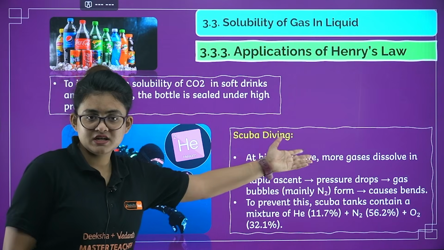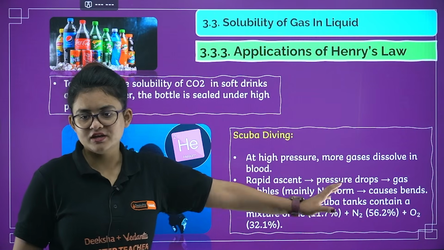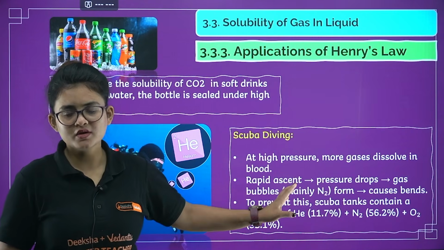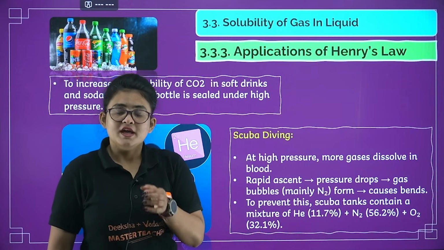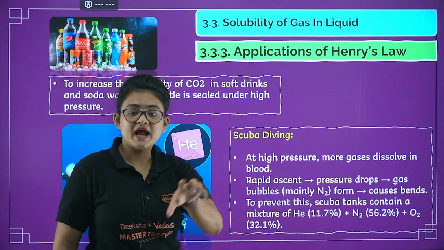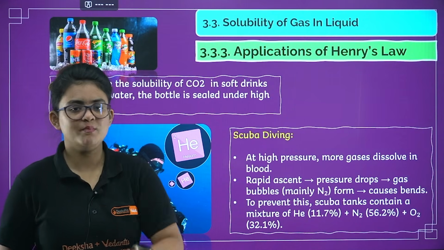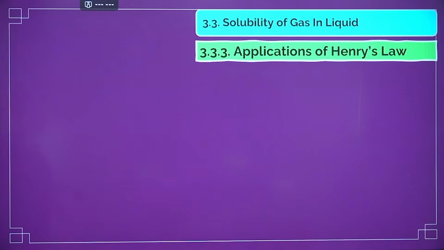You can see the percentage: 11.7% helium, I guess 56% nitrogen, and the rest, I guess 32%, is oxygen. That is the composition maintained inside the tank now. In that composition, nitrogen gas doesn't dissolve in the blood, to avoid the bends. I guess it's clear? Yes, let's proceed.